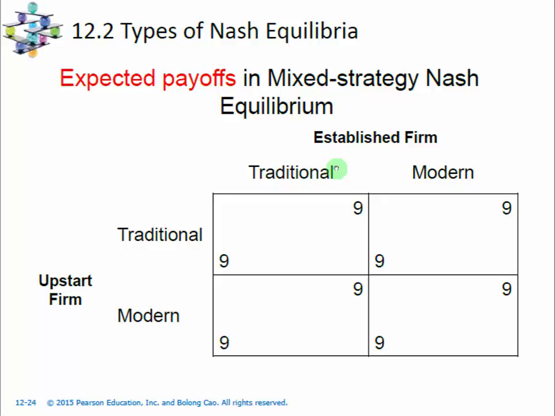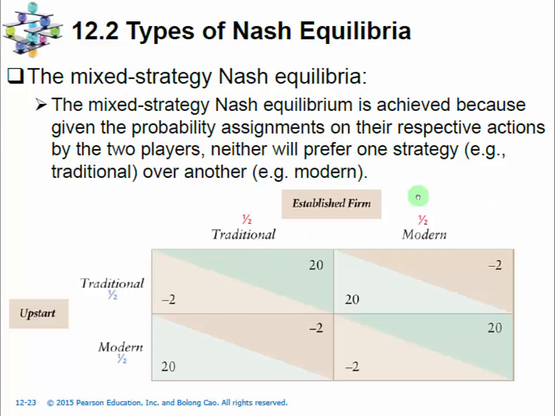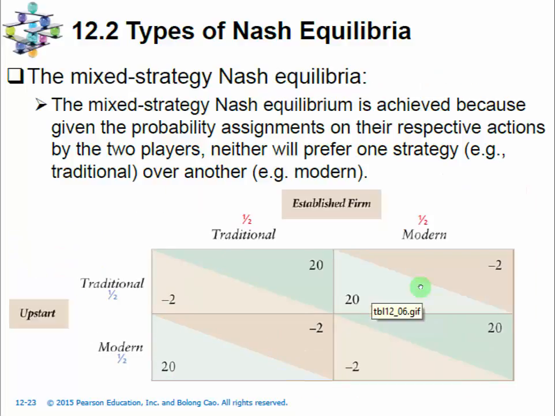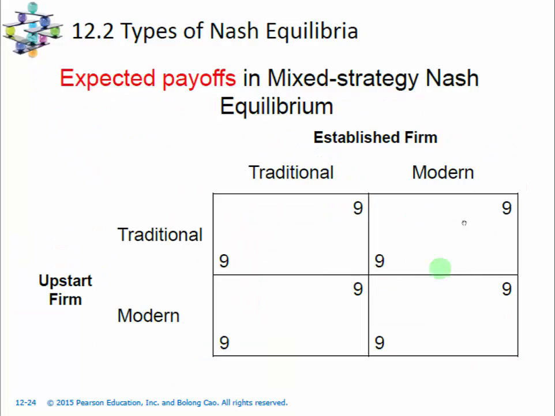And if you look at how they calculate the probabilities put on different strategies, that is exactly how we set up the equation to obtain these probabilities. So for this game where we found no pure strategy Nash equilibrium, we now know that we can find a mixed strategy Nash equilibrium as the predicted outcome.